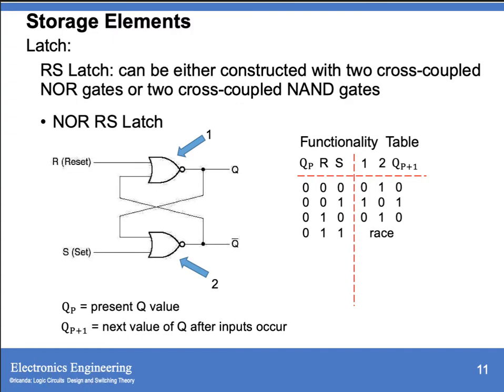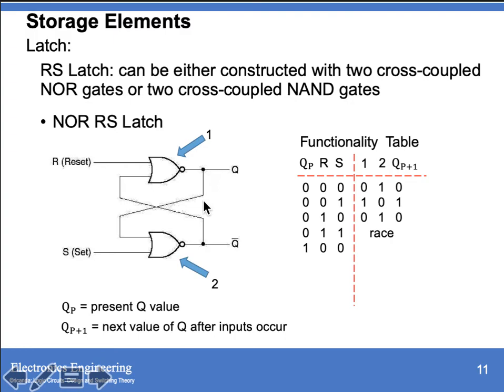Then for our present value of Q being 1, we begin with the input 0, 0. So this is 0 and this is also 0. Since this is 0 and this is 0, we have to determine the output from the previous Q, which is 1.